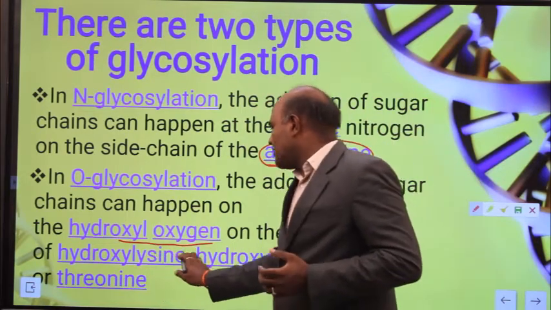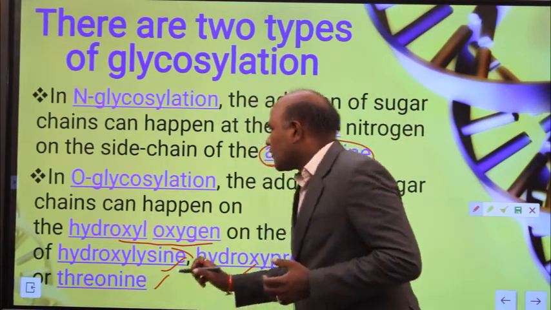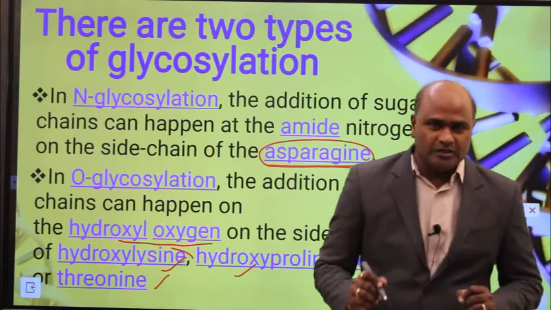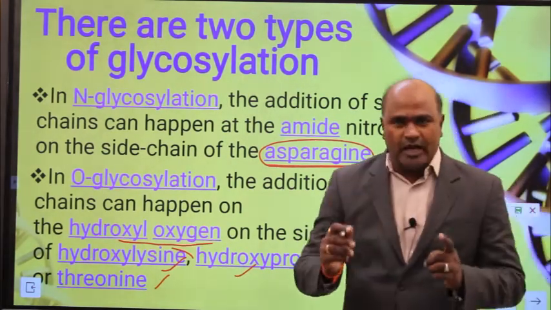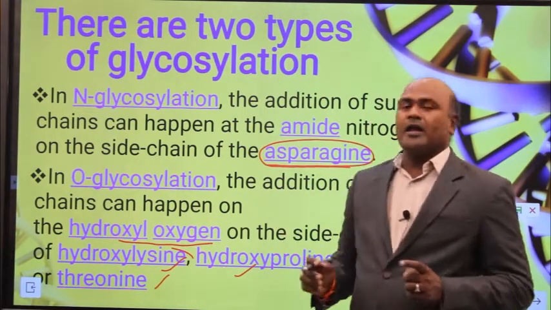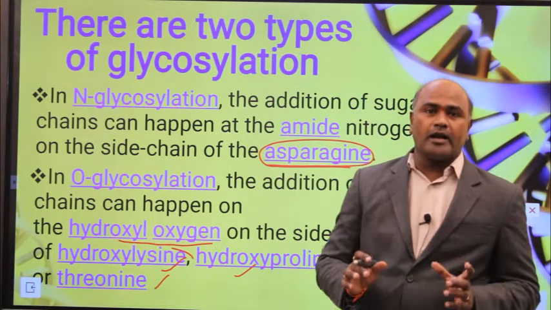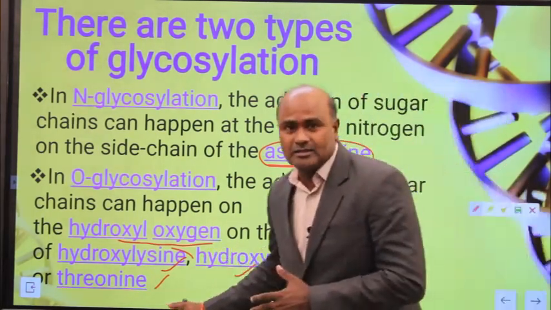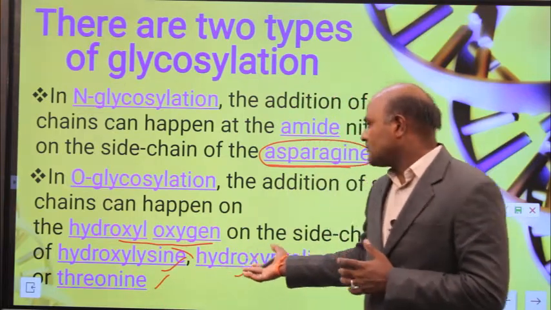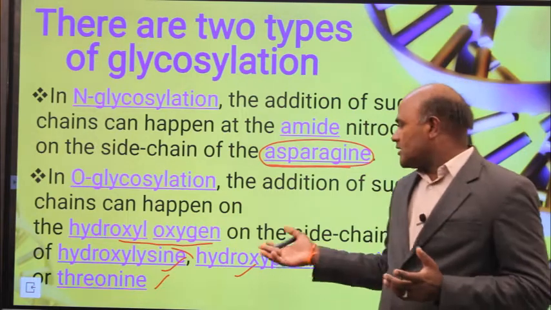These are some of the amino acids that are involved in oxygen glycosylation.